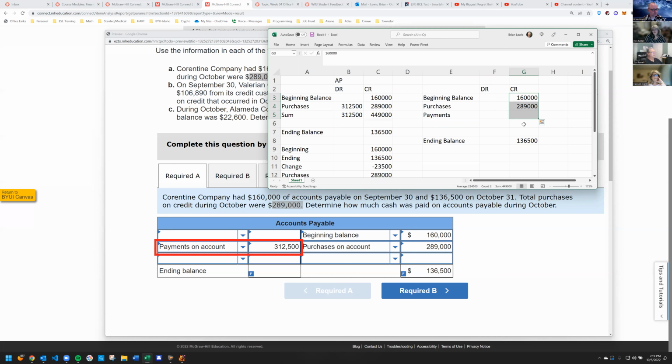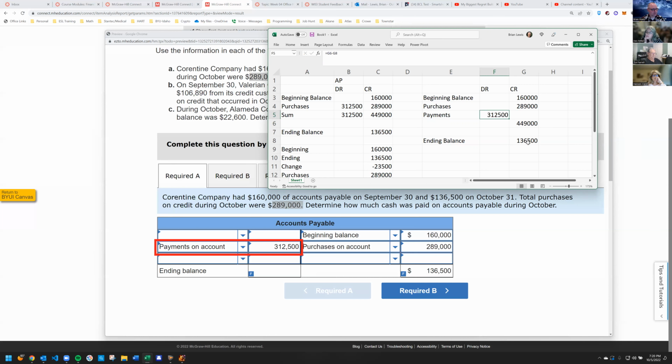So right now, put that back in, sorry. We know that this is the amount on the credit side without anything else. And we need to reduce this to this amount. So the easiest thing to do is come back over here and say, okay, well, I need to reduce this amount down to here. So if I take that number minus this number, I'll get to the 312,500. So a couple different ways of approaching this.